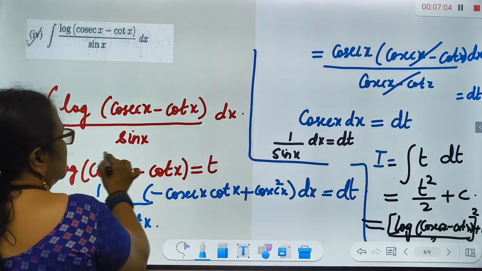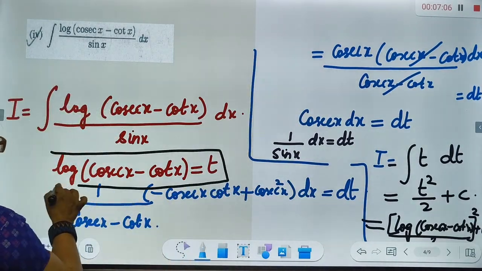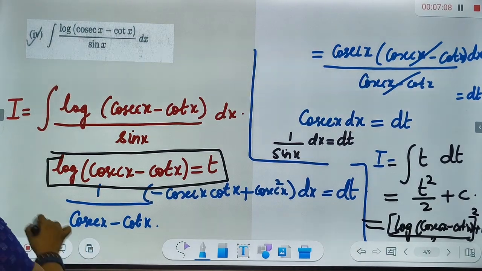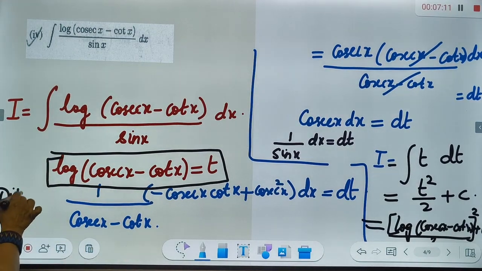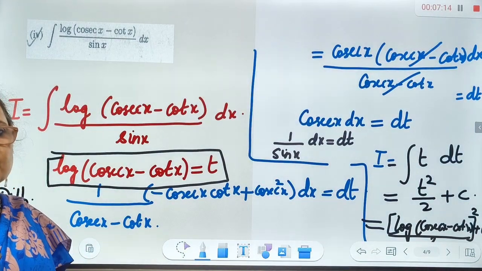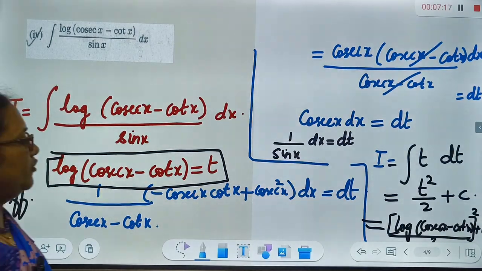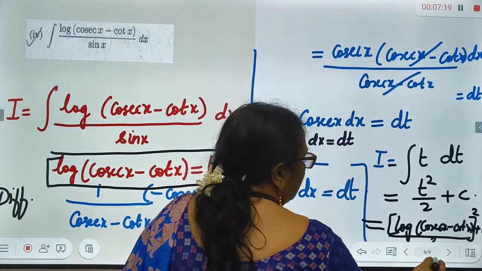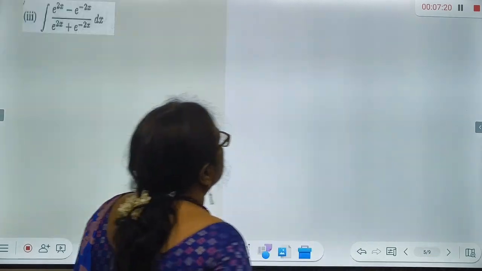Substitute back for t. This is your t. This is on differentiating. Is it clear? So substitution is a wonderful technique to resolve the given problems.